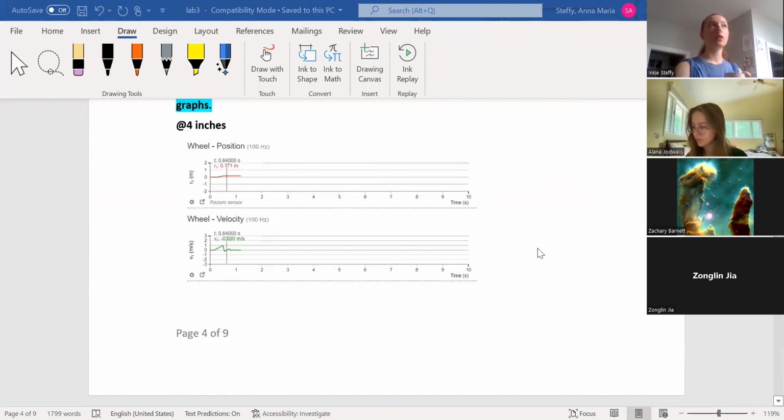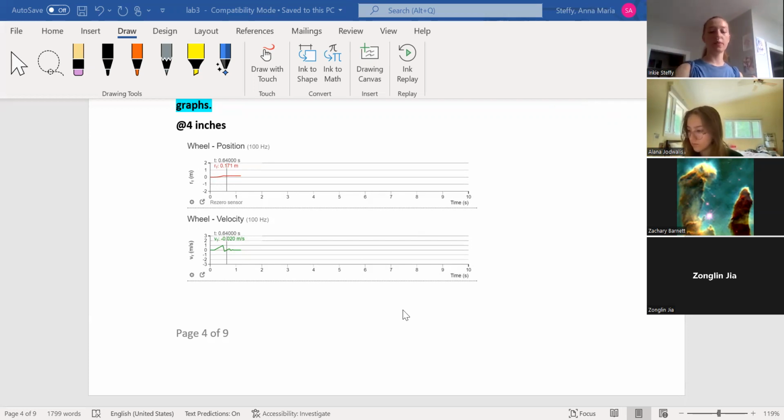If the momentum principle is valid, the higher it is off the ground, the more potential energy it will have, and as it falls, it will accelerate faster than if it was only 1 inch off the ground.